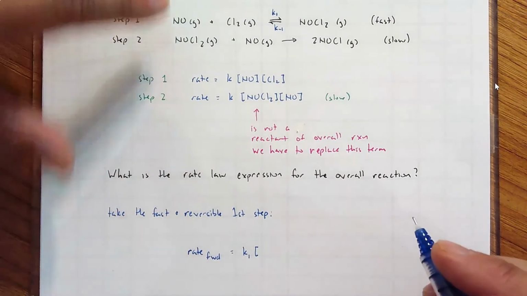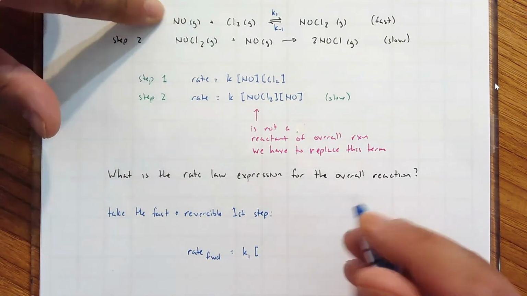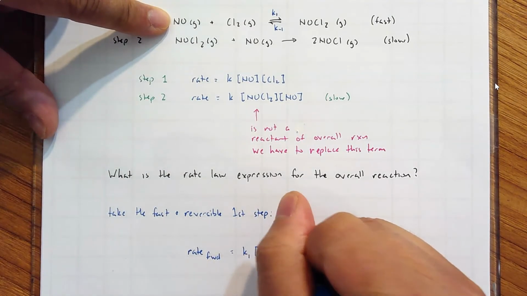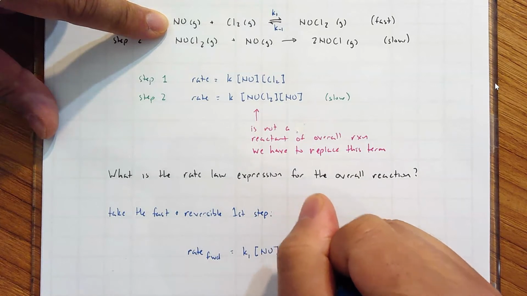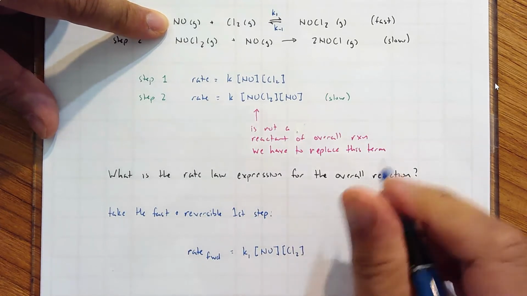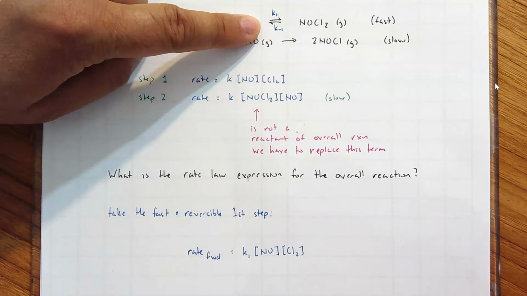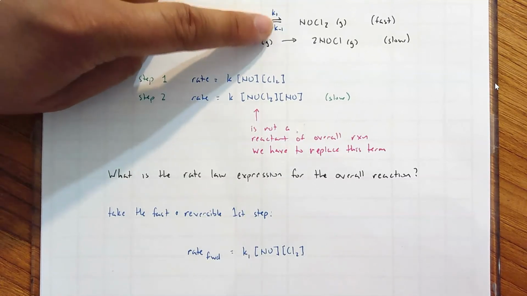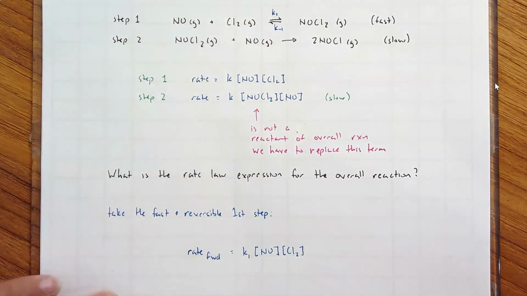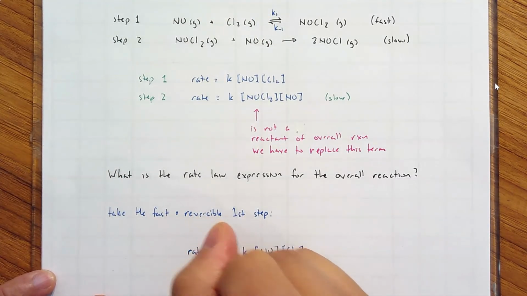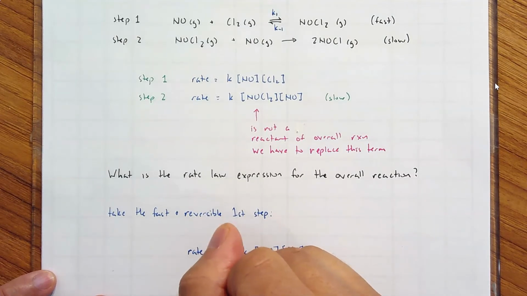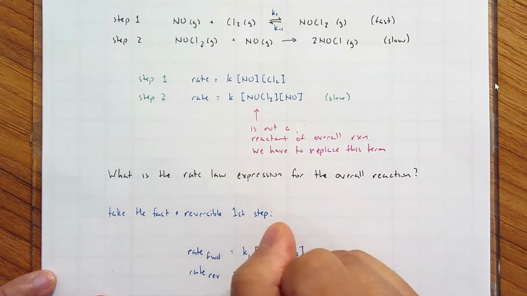What is the rate law for the forward reaction? Concentration of NO times the concentration of Cl2. The thing is, when it's at equilibrium, the forward rate is identical to the backwards rate. Okay, so here we have the rate backwards. Oh, let's use the word reverse. Equals k minus 1.